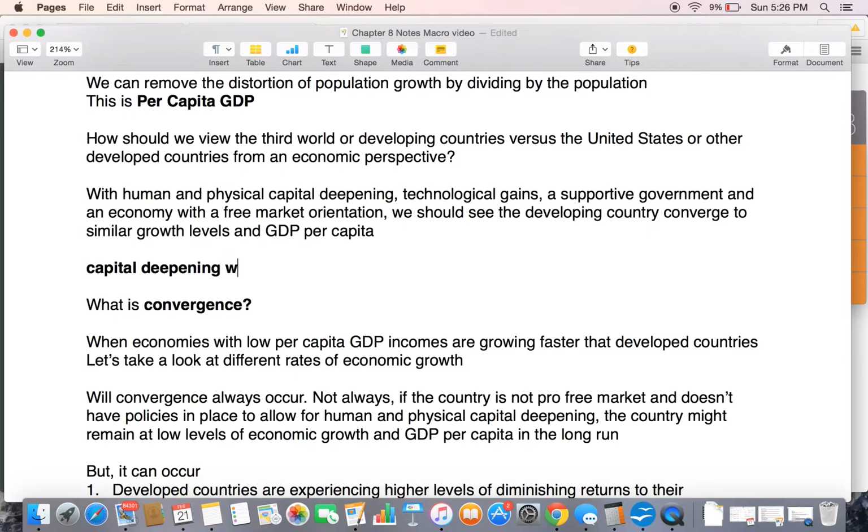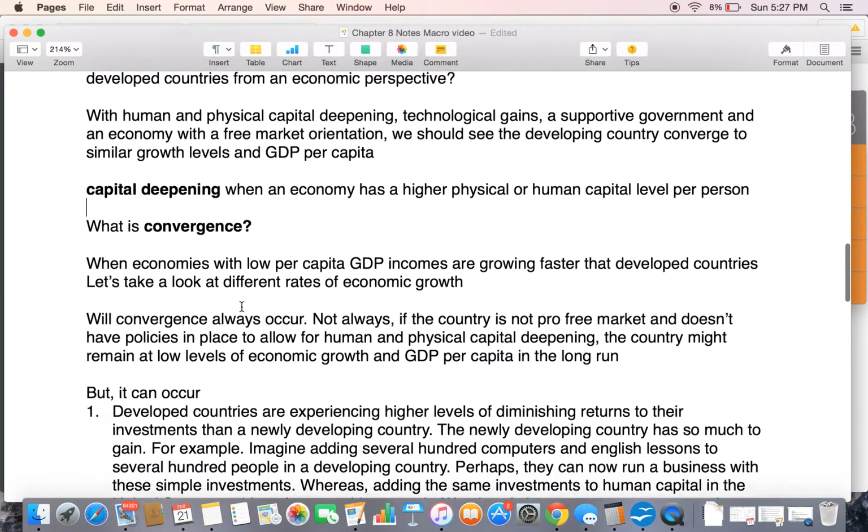So as we increase the amount of physical and human capital, so the actual plants and capital equipment, anything that's needed to create a good or a service, and the available education or skills that someone might have access to, then we'll see increases in capital, otherwise known as capital deepening.